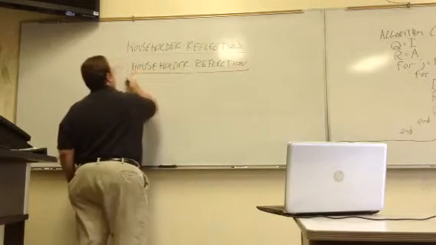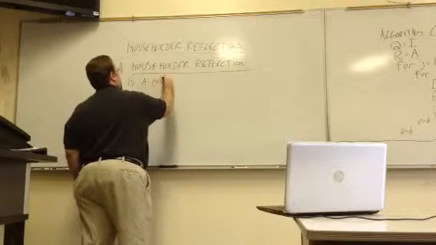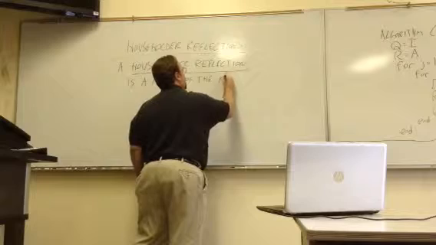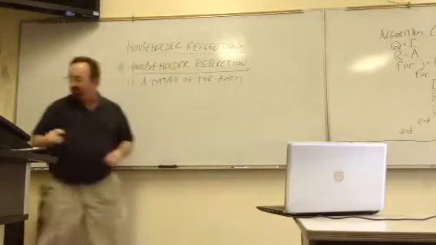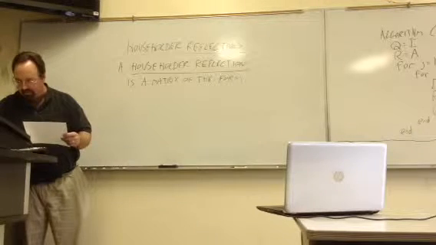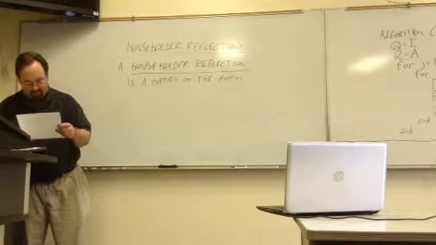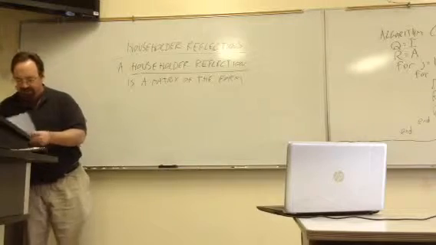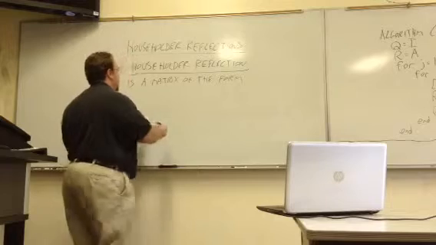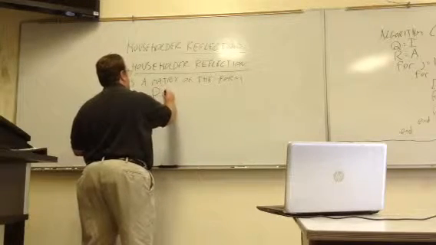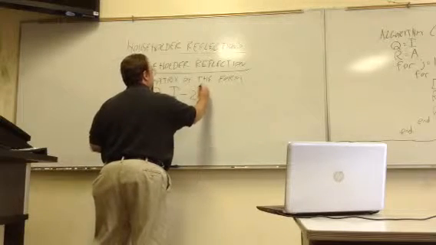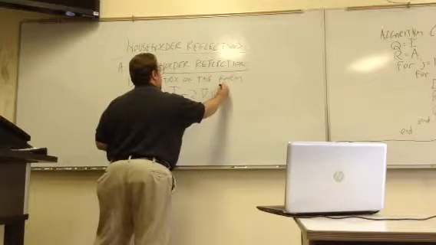So a Householder reflection is a matrix of this form: P is equal to identity minus 2 V V transpose.